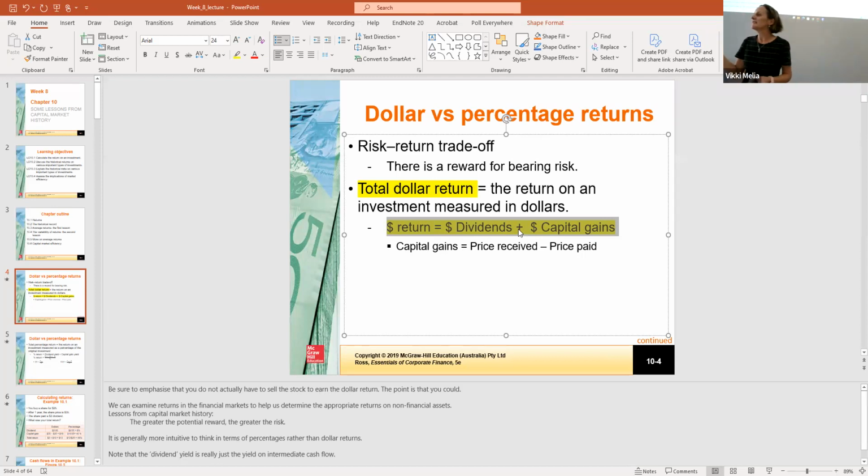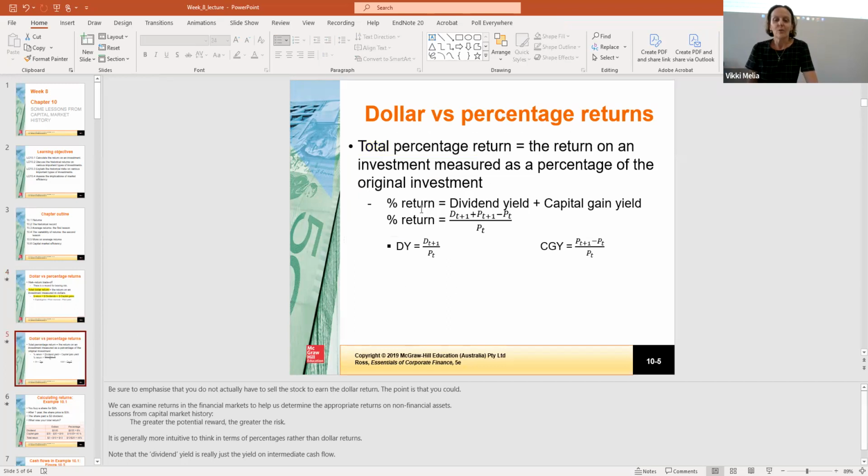But in finance, more often we measure returns as a rate of return rather than dollar returns. If I'm looking at investments or I'm trying to decide what would make a good investment, I'm normally interested in the rate of return from the investments that I'm considering. So to measure the return as a percentage, as a rate of return, we need to add together the dividend as a percentage, which is called the dividend yield.